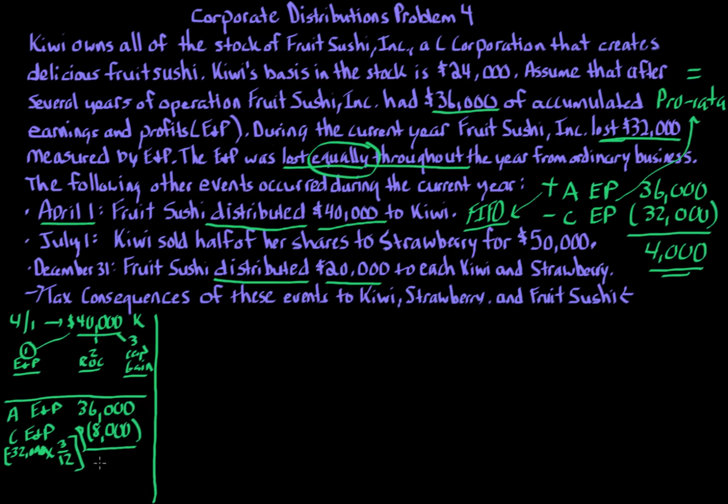That means the total EMP that's available is 28,000. 36 minus 8, because current EMP is negative, is 28,000.